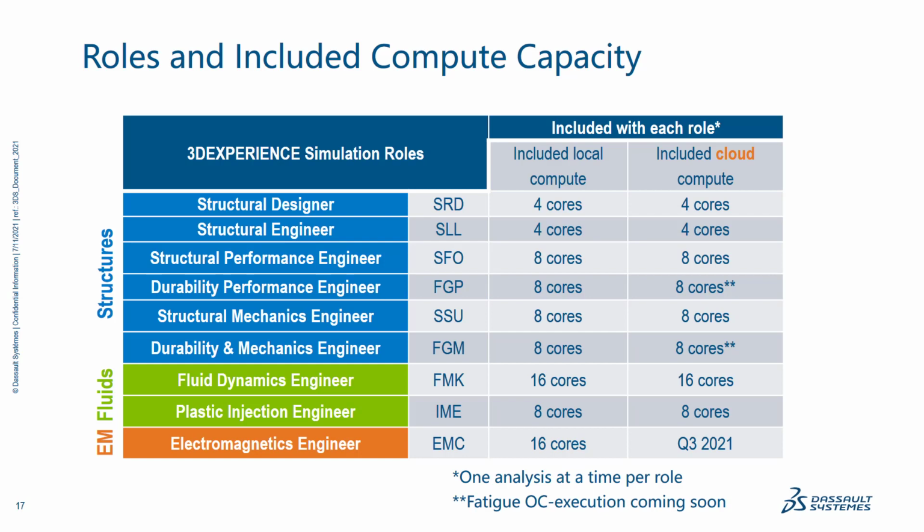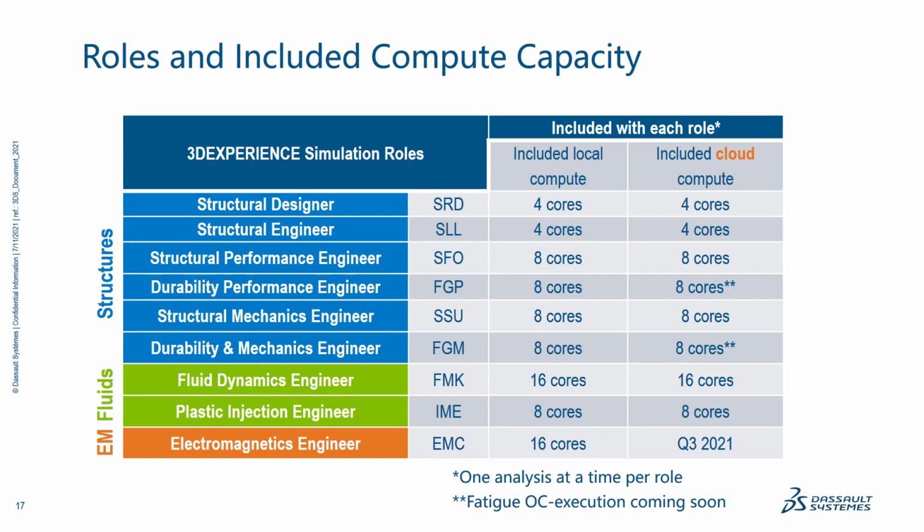And you can see some roles are targeted for designers and have, for example, capabilities to run on 4 cores. Advanced simulations that need more compute power can run on 8 cores or even 16 cores for CFD simulation. And you see, you can not only run that on your local machine, you can also run that directly with these limits on the cloud.